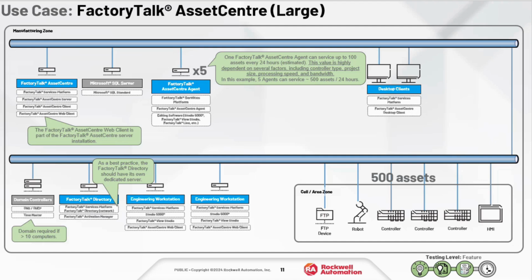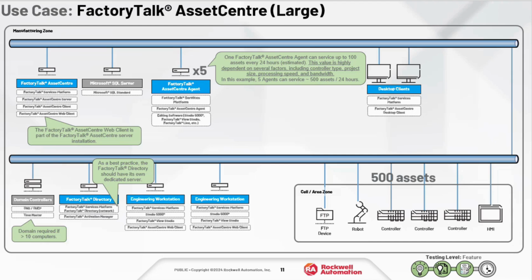So that might be a reason for why you want to separate these things in the best case scenario. But I do want to say that having these things separate is not a necessity. If you wanted to, you could have your directory, AssetCentre server, and SQL server all running on the same computer, but that's up to your choice.